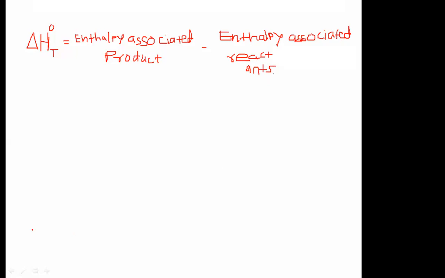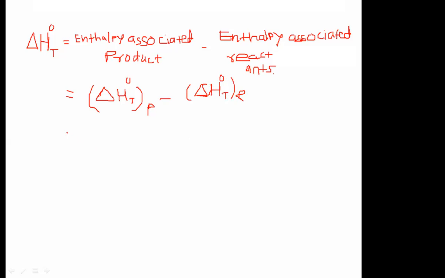Okay. So if you want to give the symbolic representation, it will be what? Delta H standard for product, you can write T also, minus delta H standard for reactant.